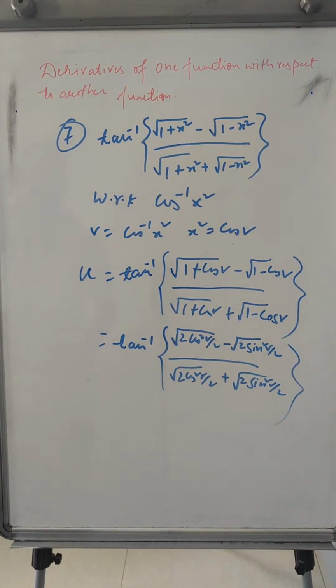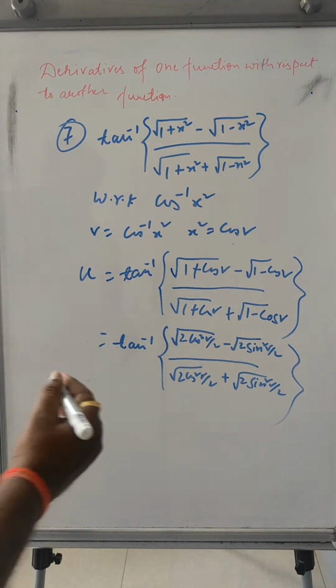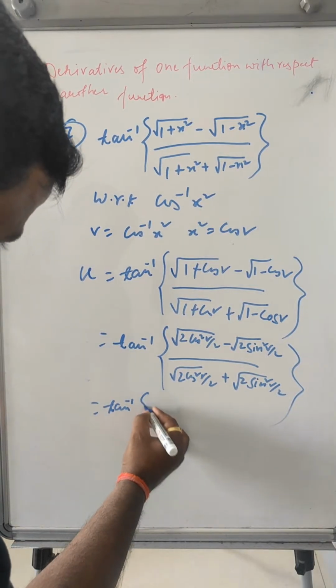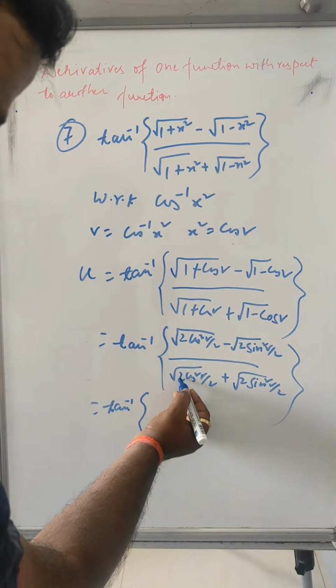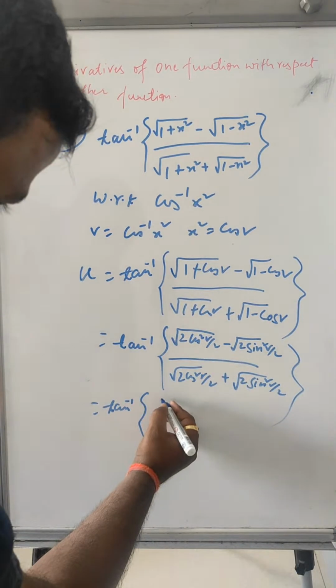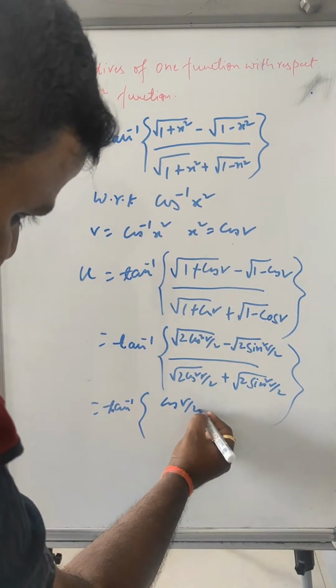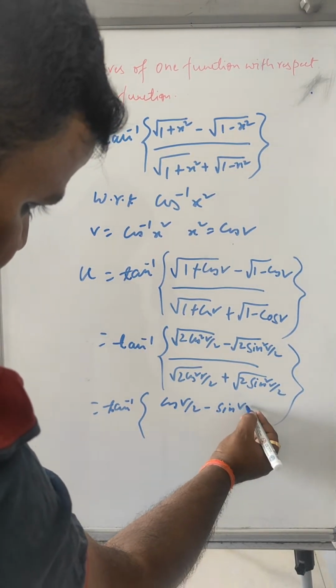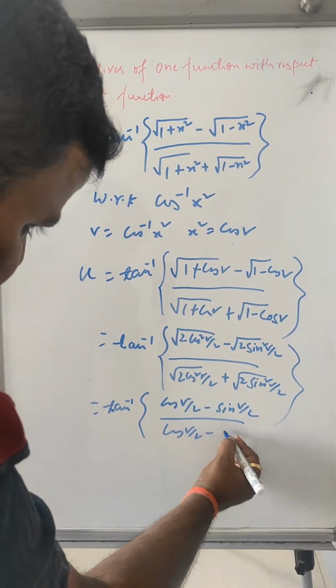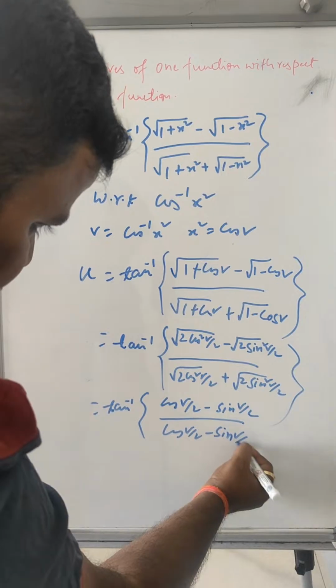Correct? So now this much we got. Now what we got? Tan inverse. We can take common, under root 2 will get cancelled, right? So this is cos v by 2 minus sin v by 2, and here cos v by 2 minus sin v by 2.